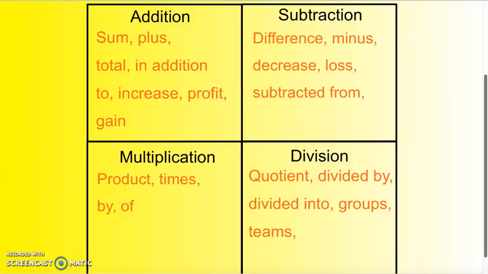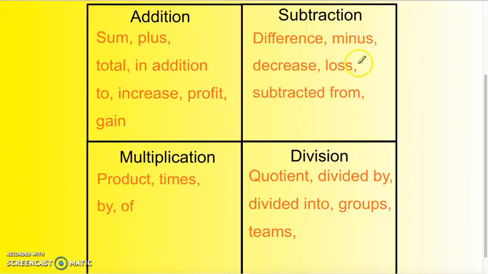Some of these you may recognize because you've learned them in the past, which is wonderful. Addition: sum, plus, total, in addition to, increase, profit. Profit is just money that's earned beyond what was spent, and then gain.